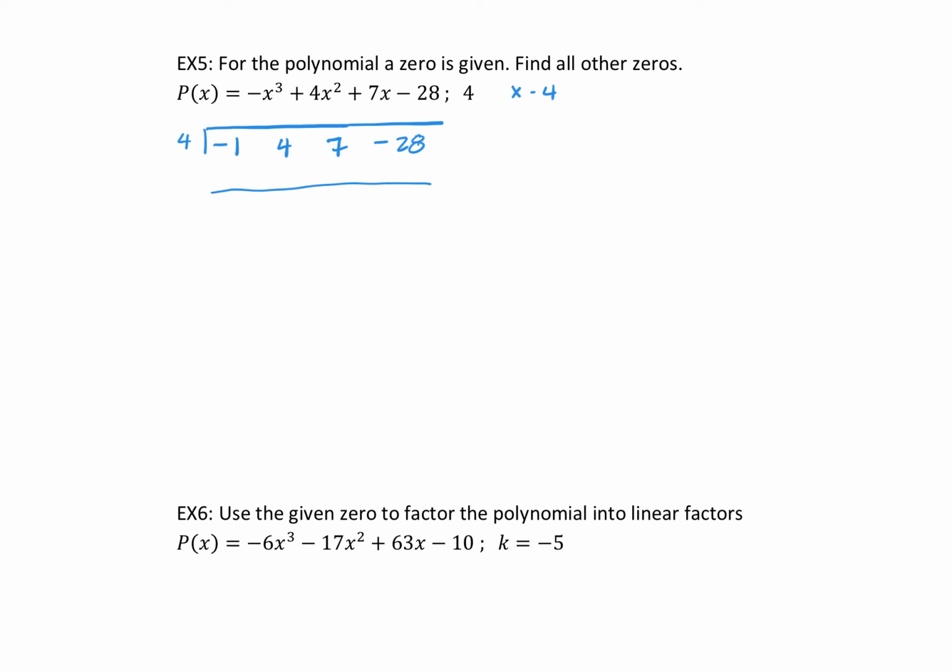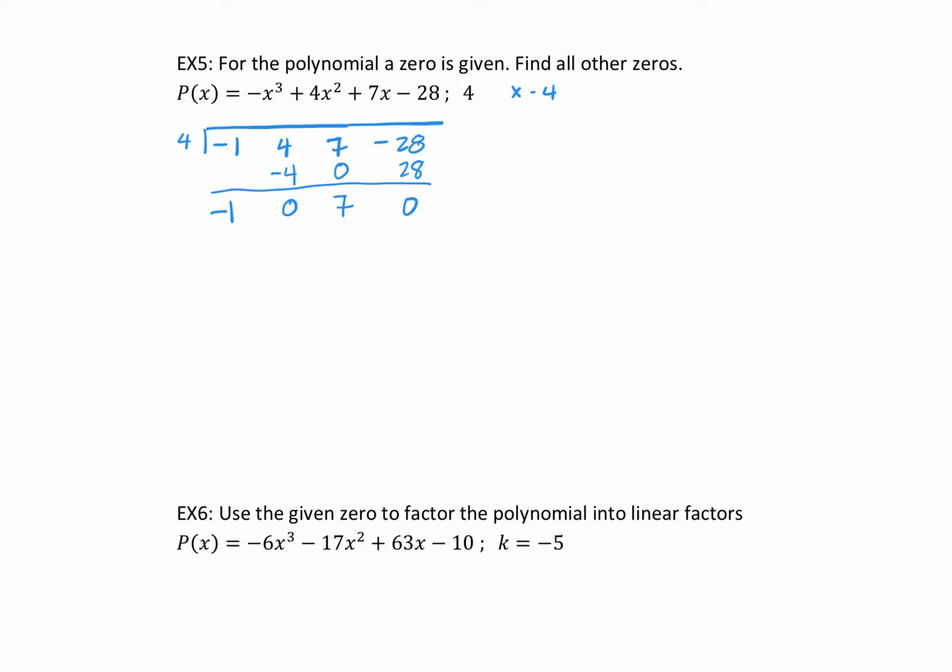Leave a space, bring down the first number, negative 1. Negative 1 times 4 is negative 4. When I add, I get 0. 0 times 4 is 0. Add, I get 7. 7 times 4 is 28. Add, I get 0, which is exactly what I should have because I already knew that 4 was a 0, so I better get a remainder of 0.